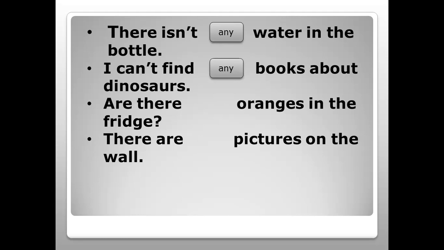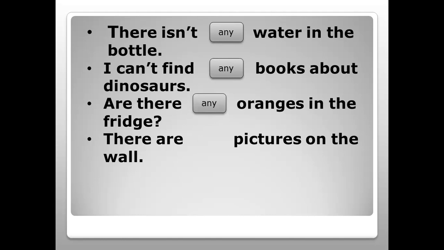Are there some or any oranges in the fridge? Yes, it's a question. So any. Are there any oranges in the fridge?